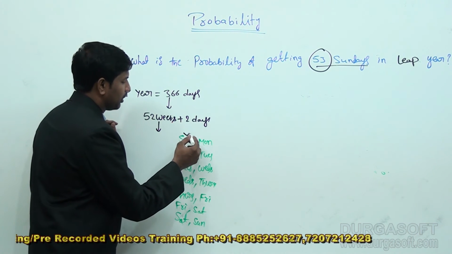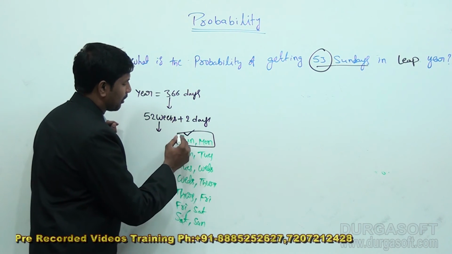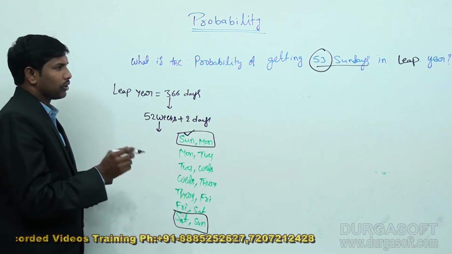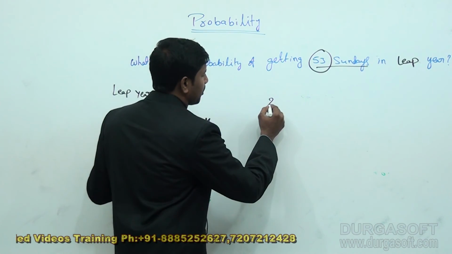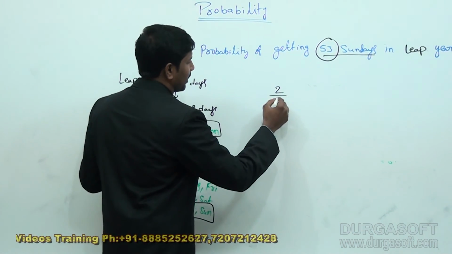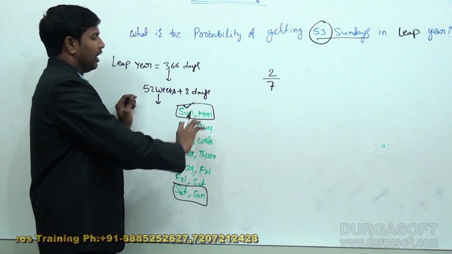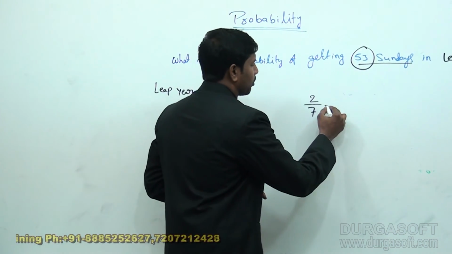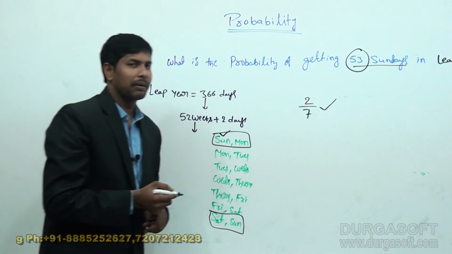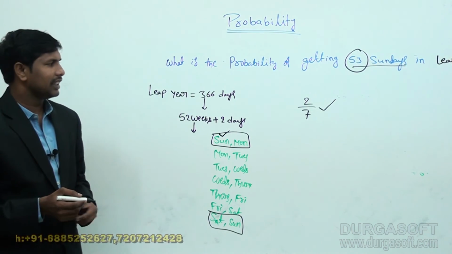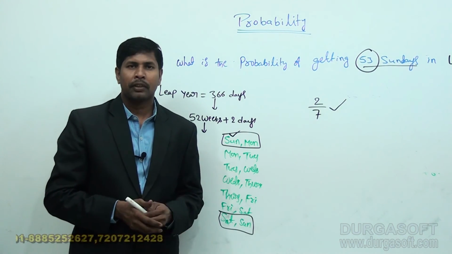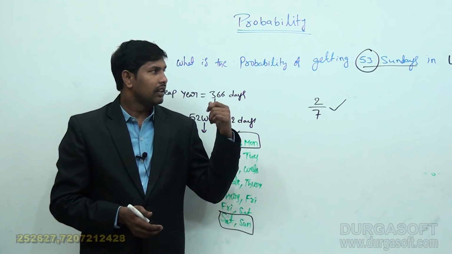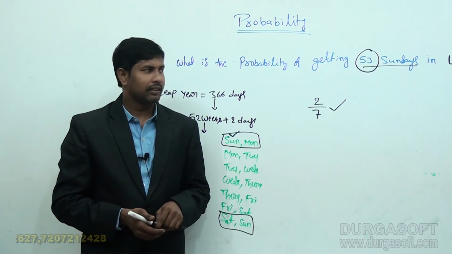I can expect Sunday first, or I can expect Sunday second, so totally I am having 2 chances out of 7. So out of 7, in 2 combinations we are getting the expected value. That's why 2 out of 7 is the probability of getting 53 Sundays in a leap year. So in a leap year it is 2 by 7, and in a normal or non-leap year it is 1 by 7.